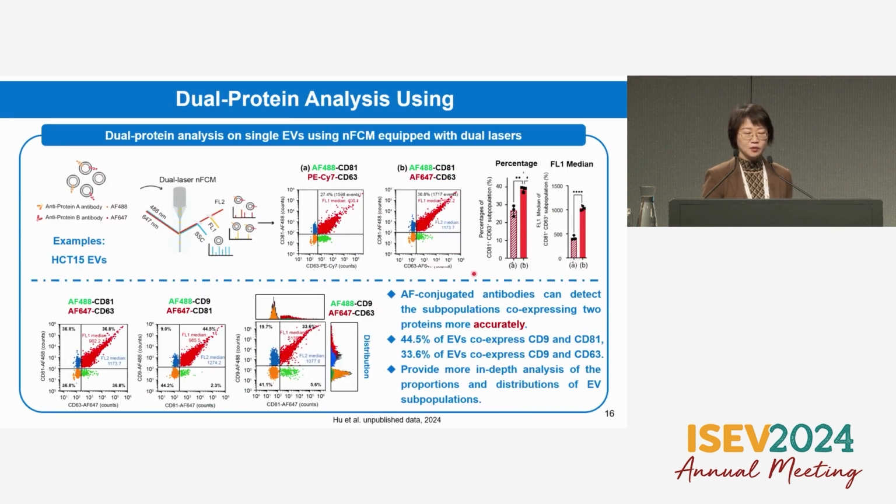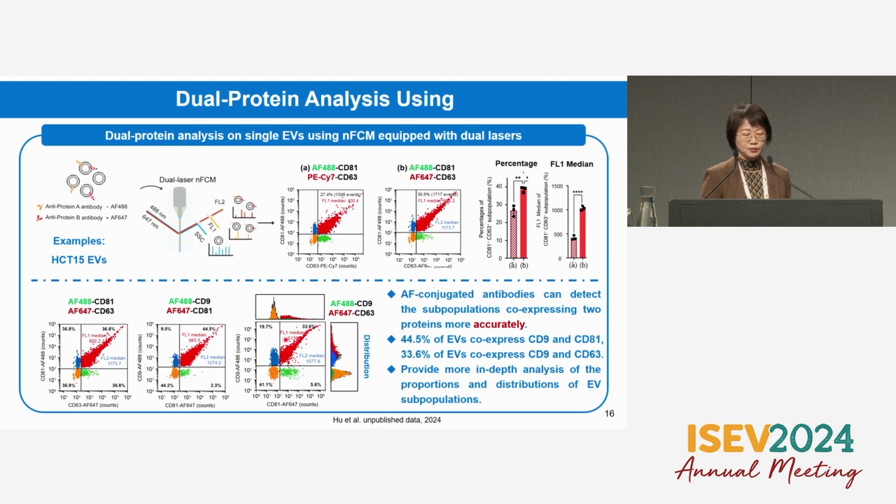Here is another example. We use the nano FCM equipped with dual lasers. We use Alexa Fluor 488 to label CD81 and PE to label CD63. In another one, we use two Alexa Fluors. You can see when you replace the Alexa Fluor with PE, you see an increase in the ratio and the median fluorescence.